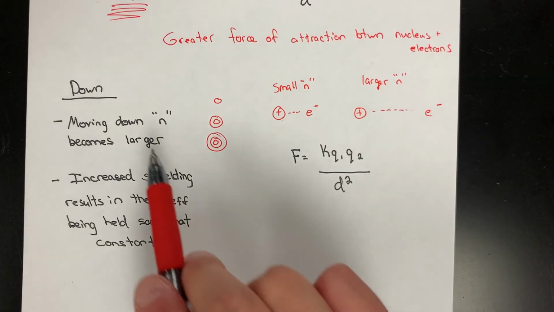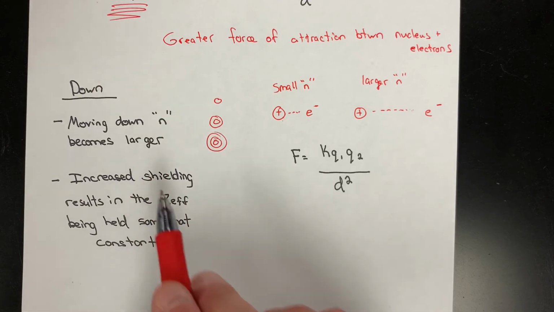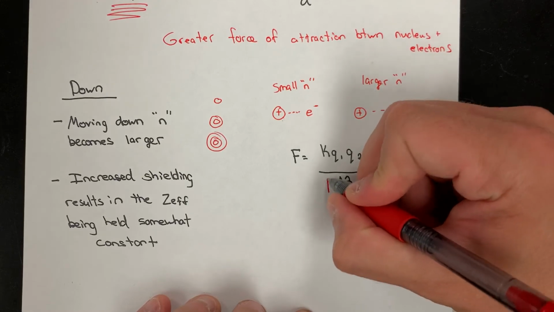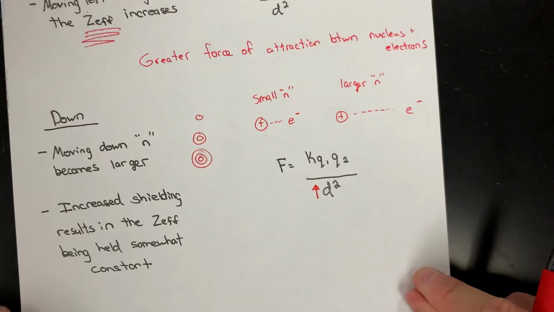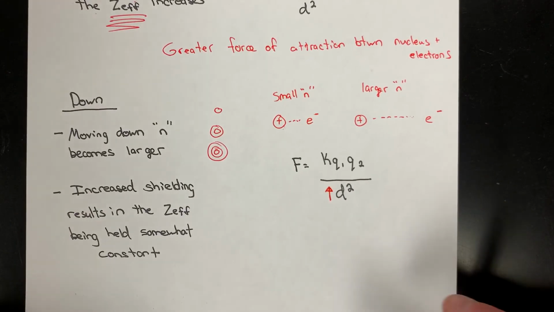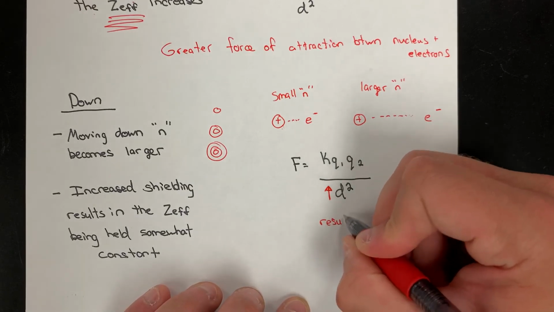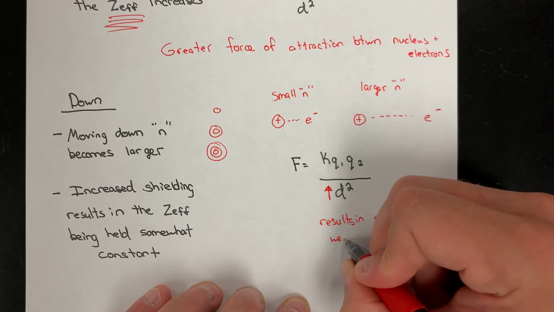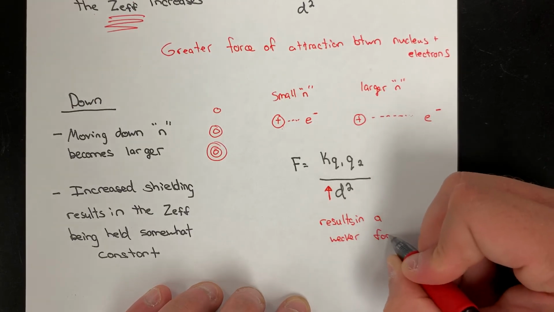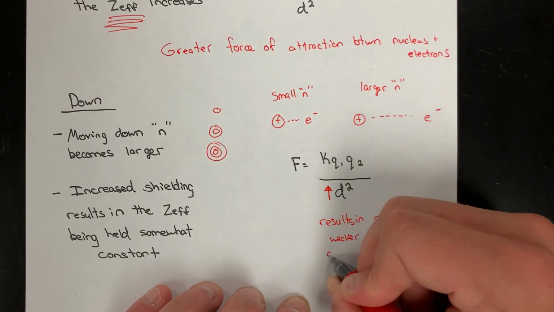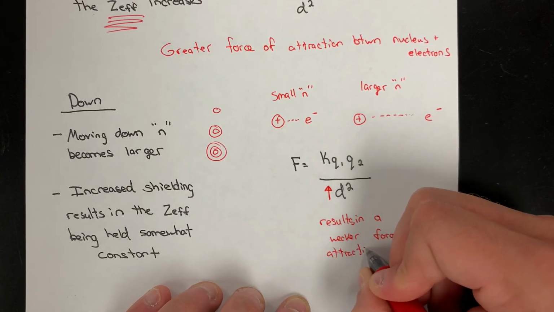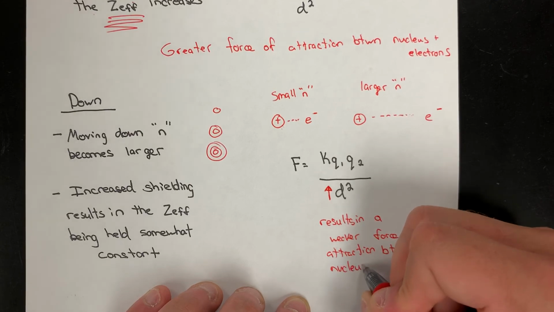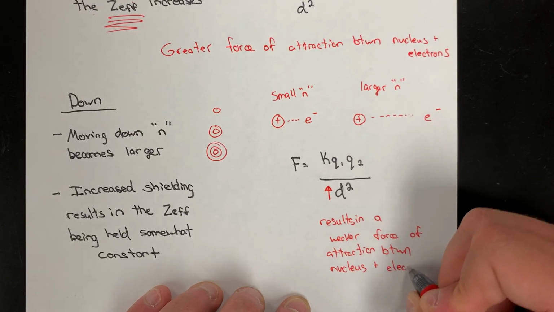So in explaining this, as we move down the periodic table, if n is increasing, as this distance increases, well, whenever we have a larger value in our denominator, that results in a weaker force of attraction between the nucleus and the electrons.